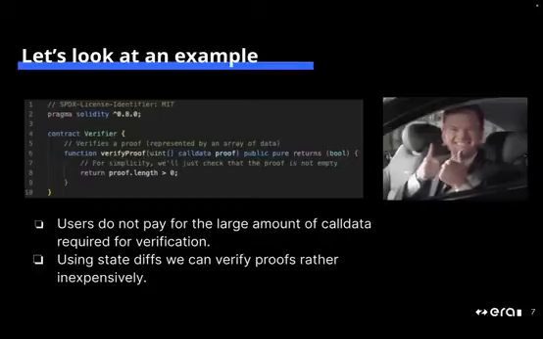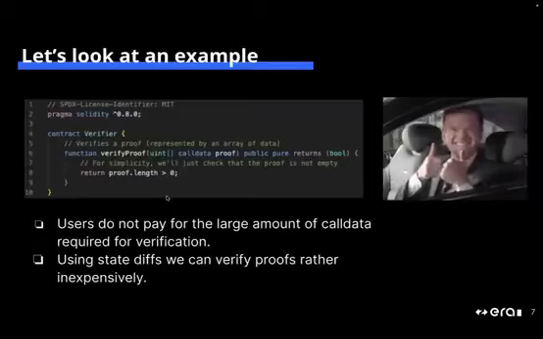You can think of it potentially being an array containing a new state root, an old state root, and other data elements. And the verifier contract that takes this large amount of input data is going to be very expensive on other L2s where the gas model requires paying for all that transaction calldata. Using state diffs, we can verify these proofs rather inexpensively. That is an oversimplification of just this key difference, but it's an important one to illustrate.